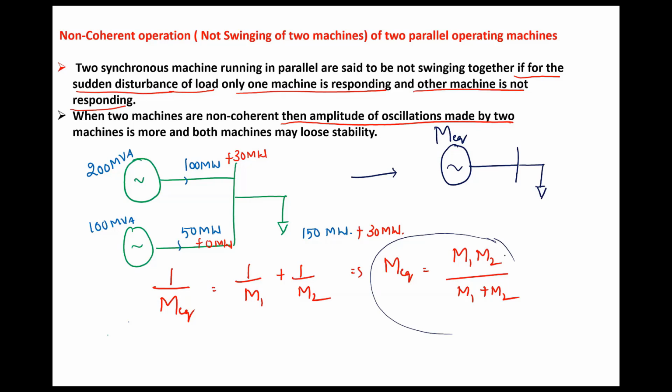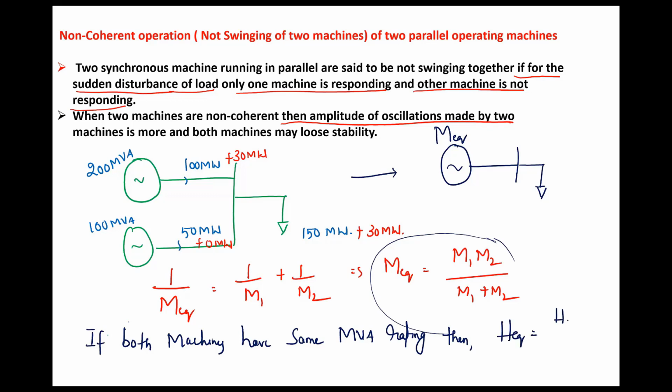Understand? So again, here also, if both machines have the same MVA rating, then H equivalent will become H1 H2 divided by H1 plus H2.